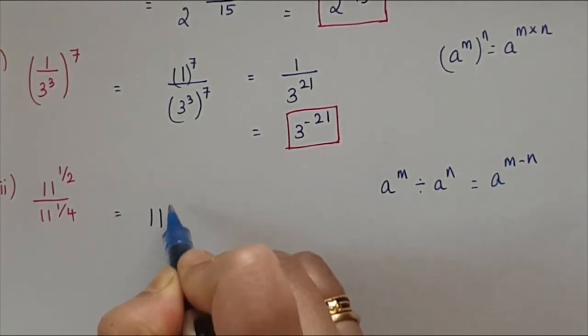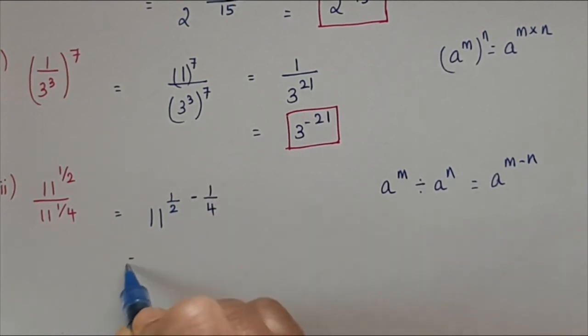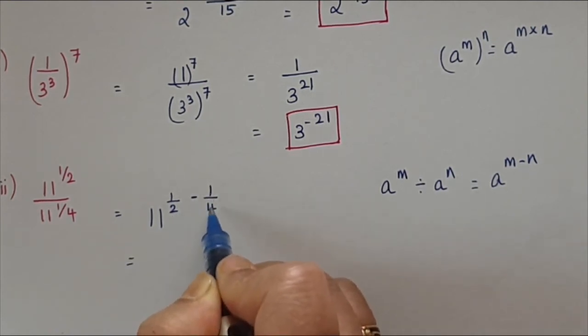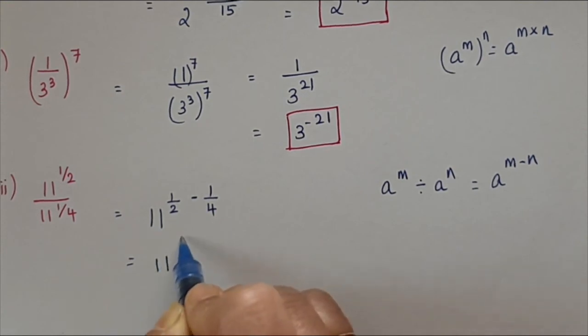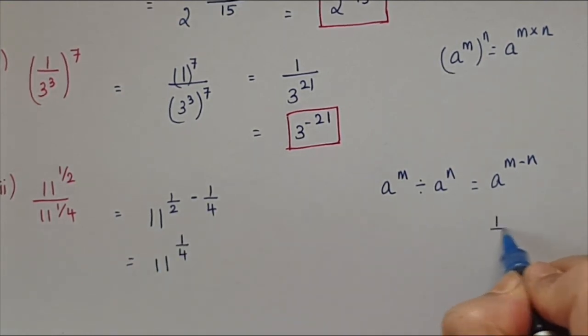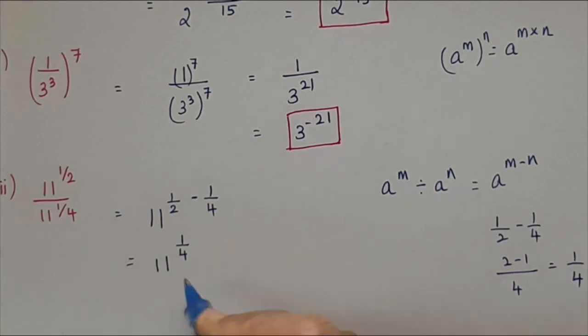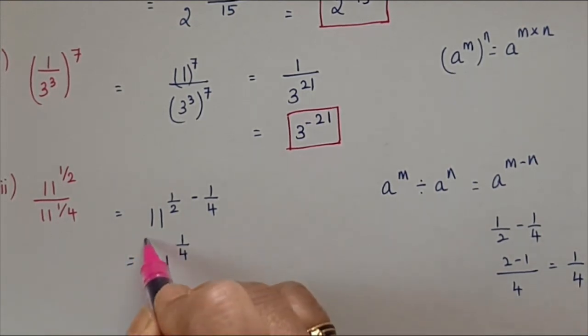So 11 to the power of 1 by 2 minus 1 by 4. We get half minus quarter. So 2 minus 1 over 4, we get 1 by 4. So 11 power 1 by 4 is the answer.